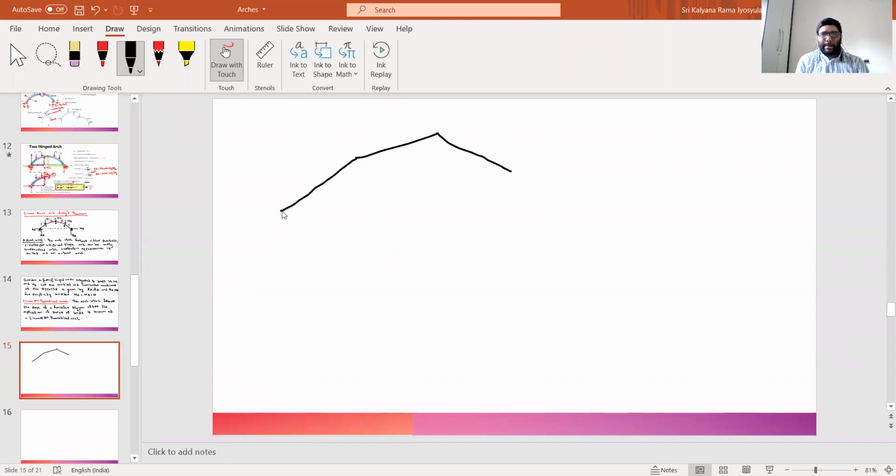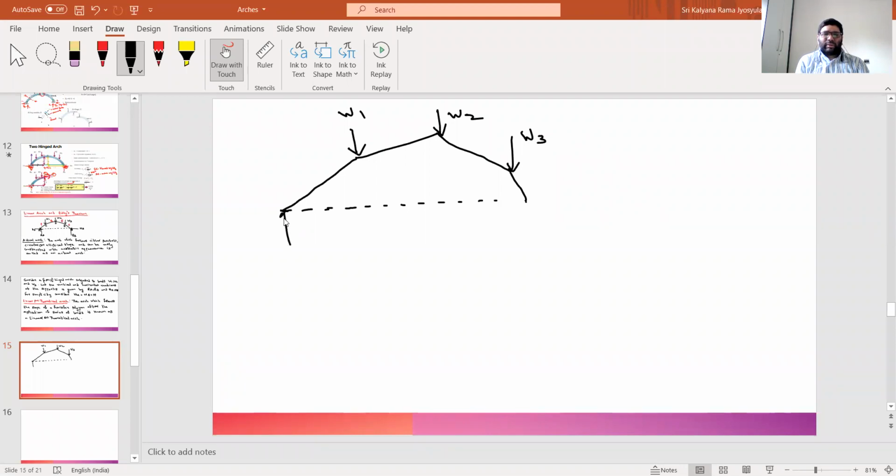Okay, so if you see a similar process, W1, W2, W3, and both supports are there.